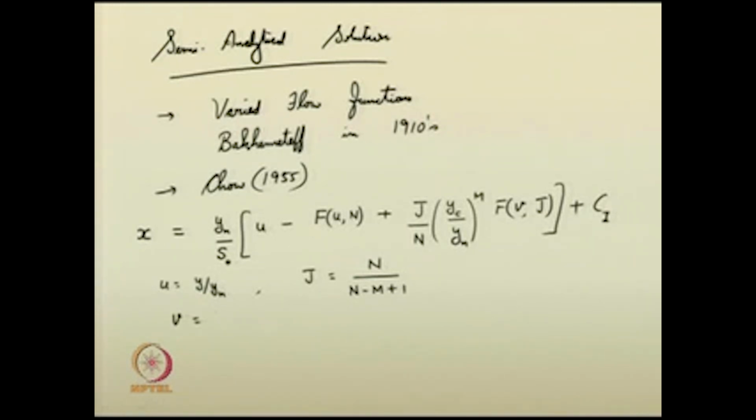The variable v is nothing but u to the power of N by J. Like this you can obtain the variable v, and your varied flow function F of any two parameters a and b is given as the integral from 0 to a of dx by 1 minus x to the power of b, and this is called the varied flow function.